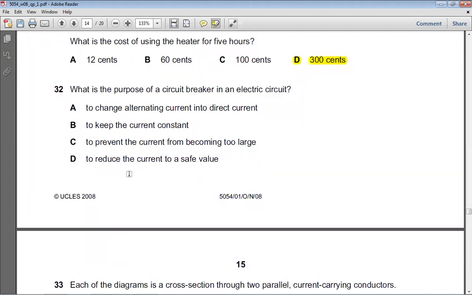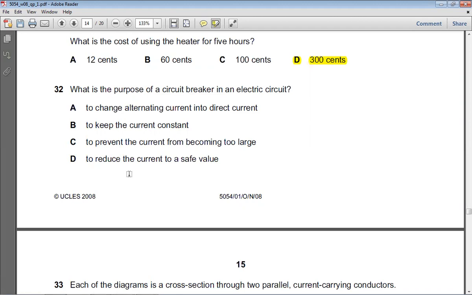What is the purpose of a circuit breaker in an electric circuit? You see, the circuit breaker is a safety device, and if the current exceeds a certain limit, the breaker will trip. To change alternating current into direct current, that's wrong.